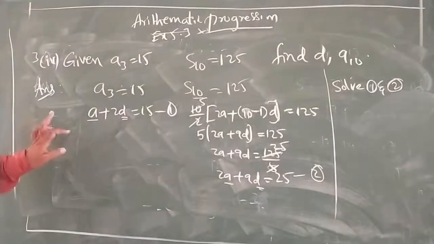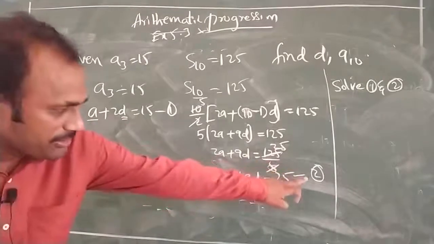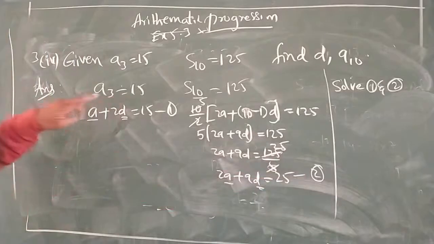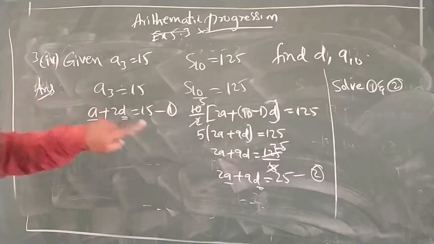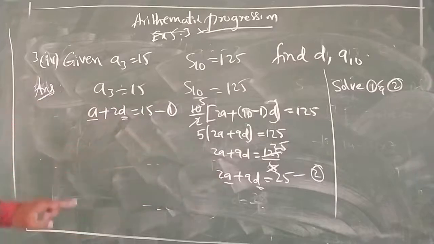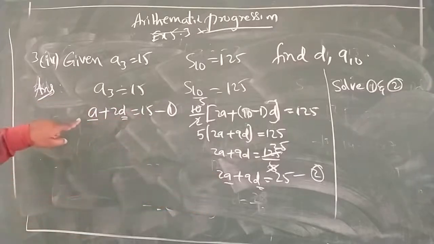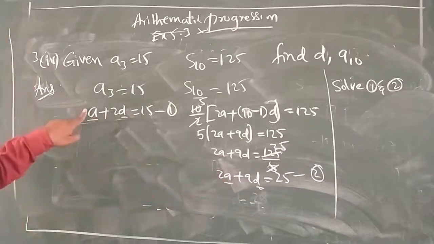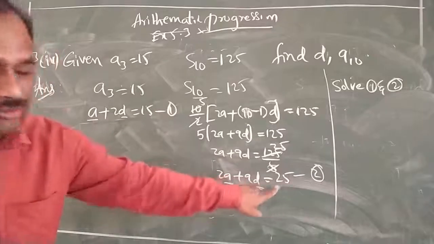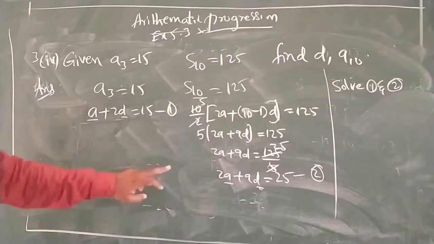If I want to cancel the A value, whatever value is there in the second equation, I need to multiply for the first equation, and whatever value is there in the first equation, the same value I have to multiply for the second equation. Here, what is the value in the second equation? 2. So the 2 I need to multiply for the total, and what is there in the first one? 1. That one I have to multiply for the total. Then I will get the A coefficients the same.